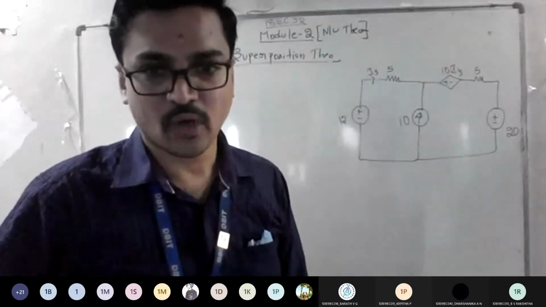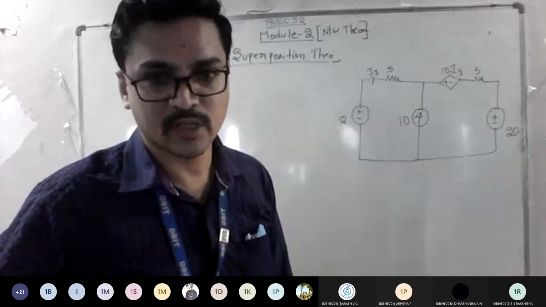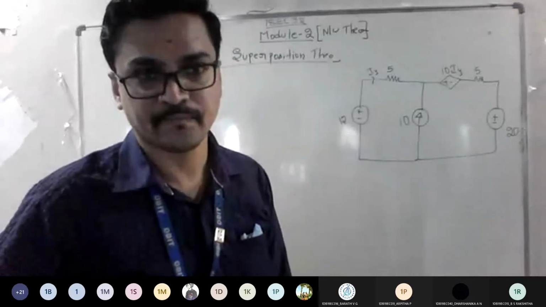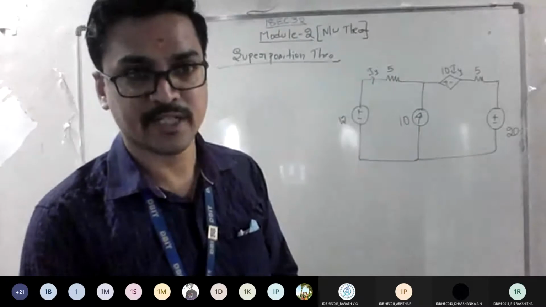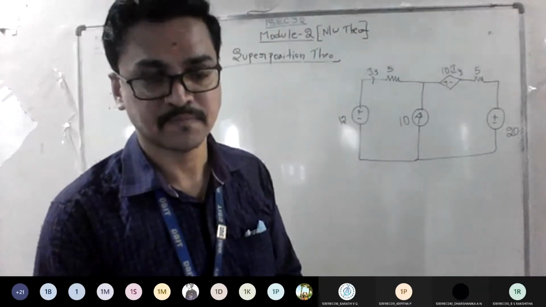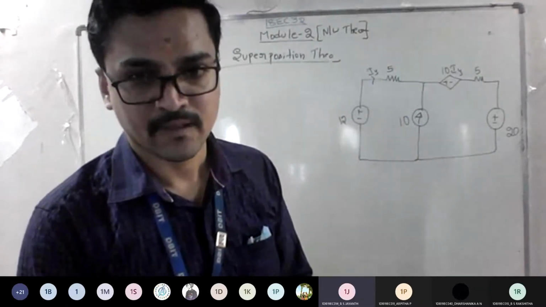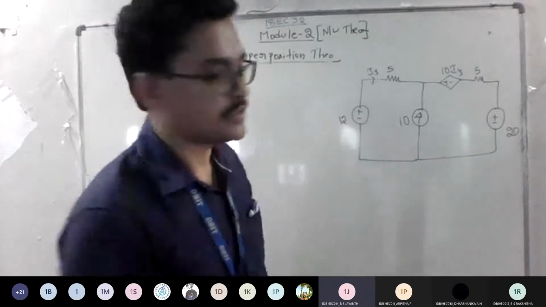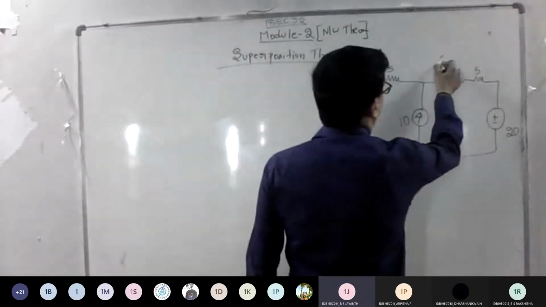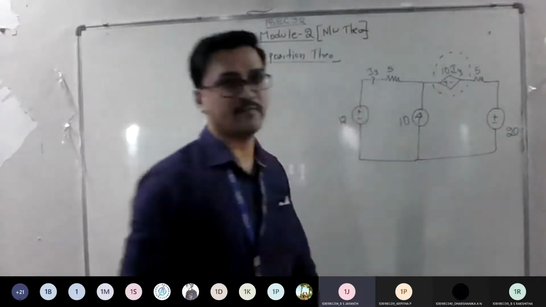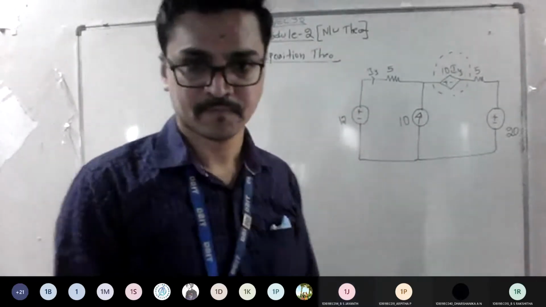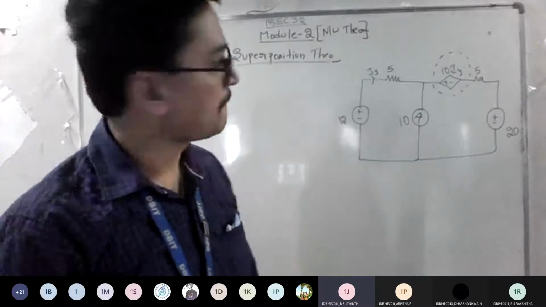But what does the procedure of the superposition theorem tell? Keep the dependent source as it is and continue with the independent sources. What type of dependent source is given here? Current dependent voltage source, sir.